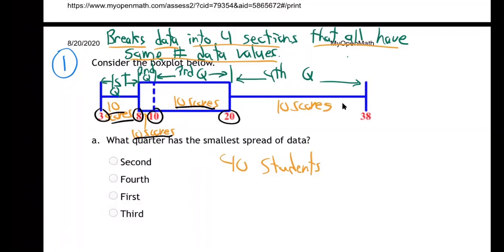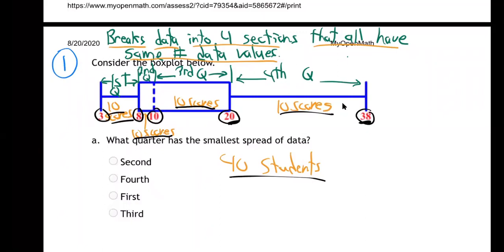And then the top 10 students got a score between 20 and 38. Does that make sense? That's what the box plot is showing. It's taking all 40 students and breaking them into 4 even sections, meaning there's the same number of student scores in each of the 4 sections. That's why we call them 4 quarters, like a football game or basketball game.